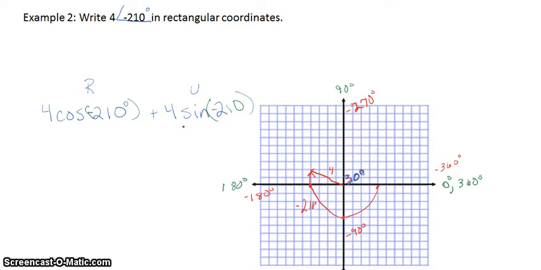And to be accurate with that, you'll need to be able to find 30, 60, and 45 degree angles that would be related to the angles they give us.